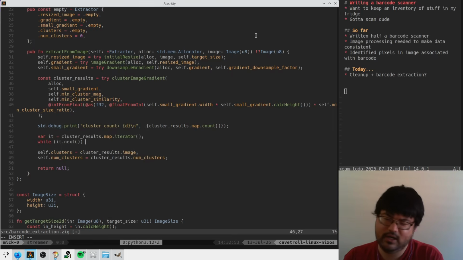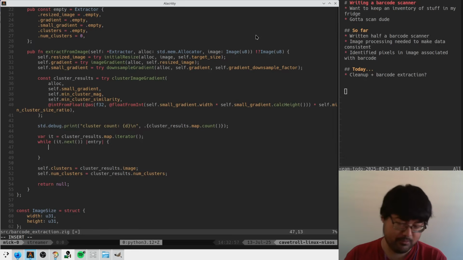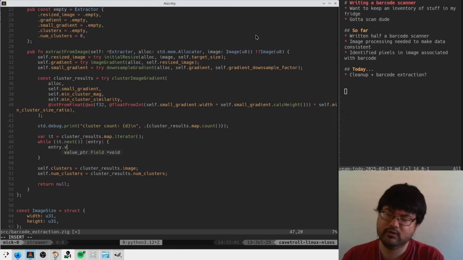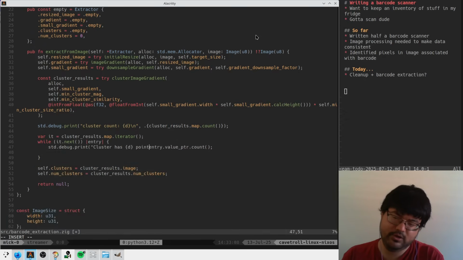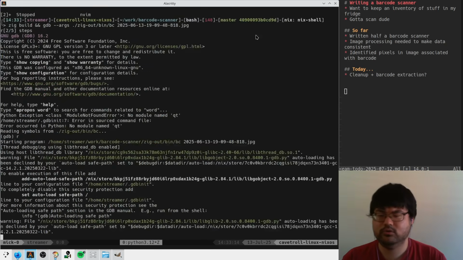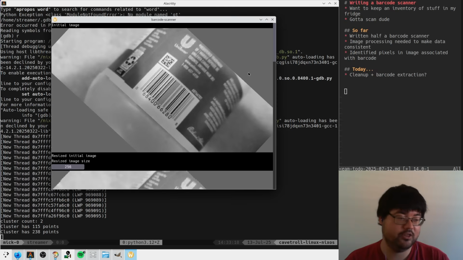While it's next, let's look at some entry and just make sure that the number of points in each of these also looks sane. Cluster has this many points. I see, I didn't realize you only had the bitmap format. Fair enough.